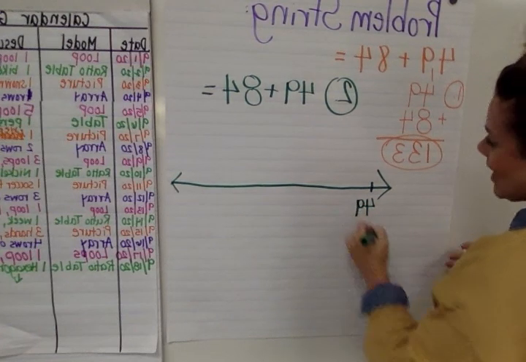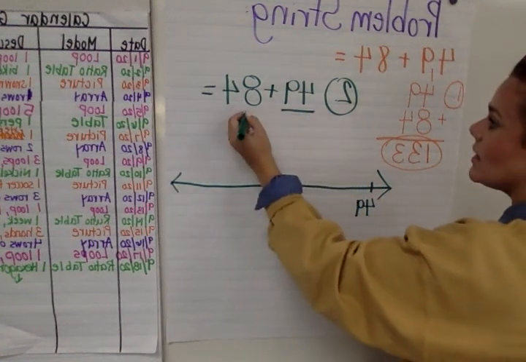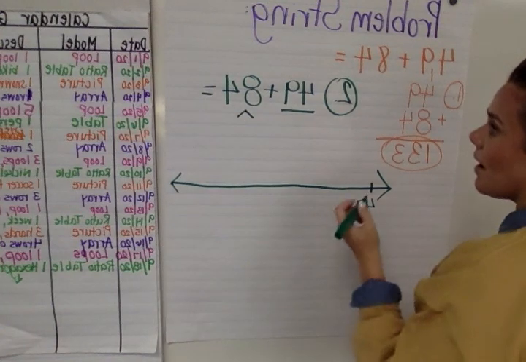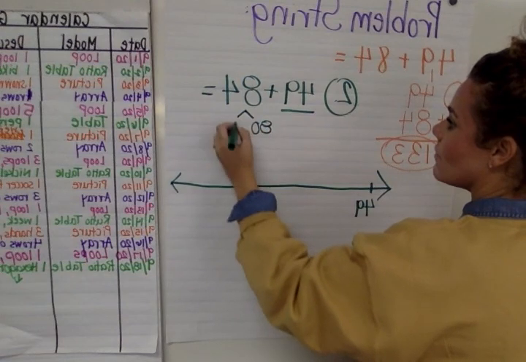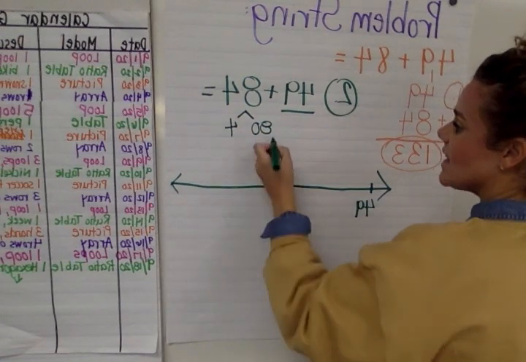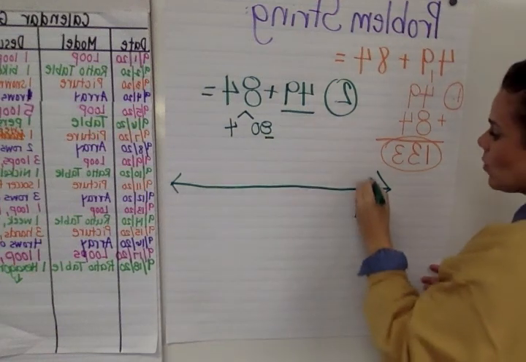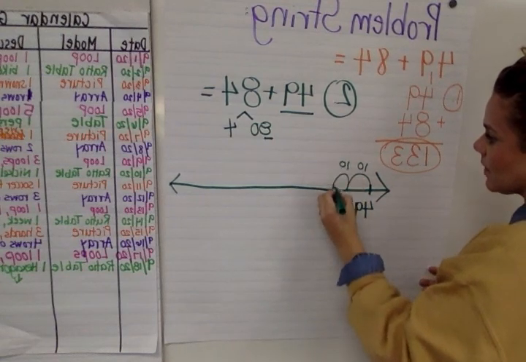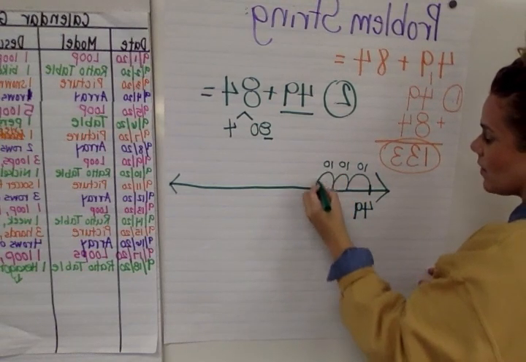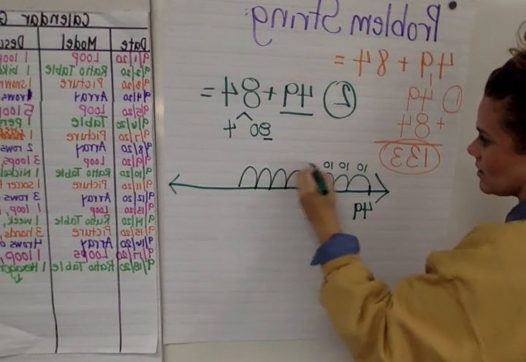The next thing I have to ask myself is what? I want you to be thinking about it. What's my next step? Well, I took care of 49. Now I need to say, what is 84 made up of? It's made up of 80 and 4. Now I have to see how many tens I need to jump. I need to jump 8 tens. So 1 ten, 2 tens, 3 tens, 4, 5, 6, 7, 8.